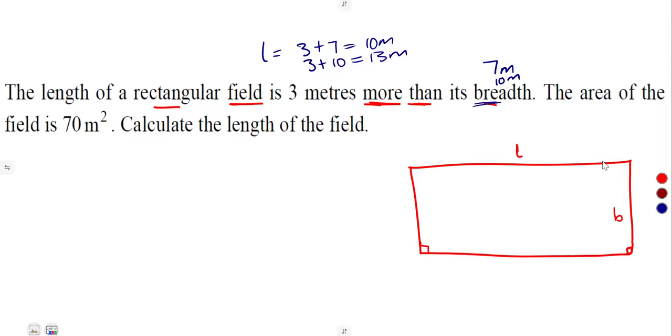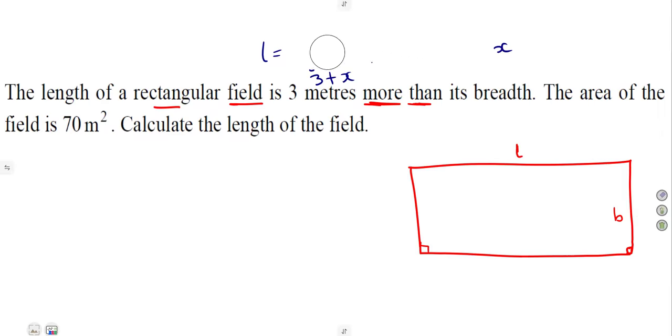So what if the breadth is x? It means the length is going to be 3 plus x. It depends on the breadth, the width, that you're given. We do not know the breadth, so we can let the breadth be x.